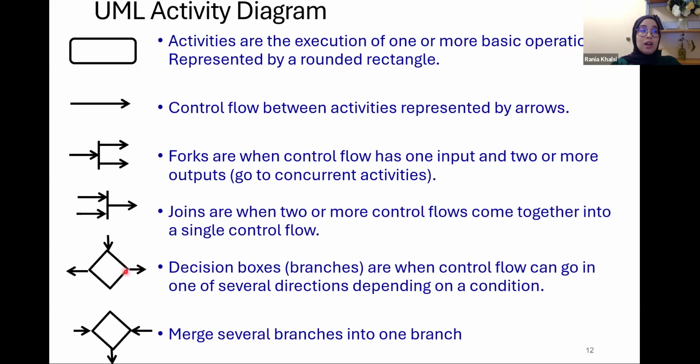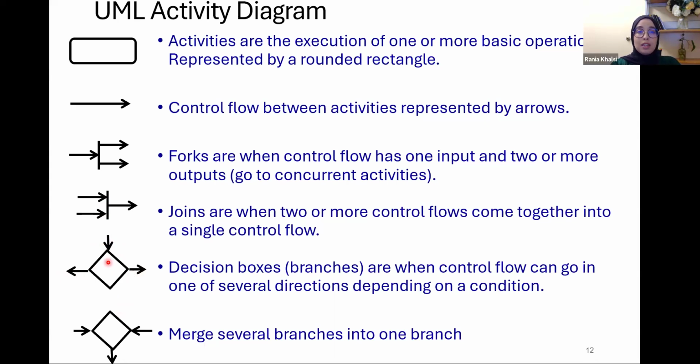You can also see this kind of diamond shape here. So if you have one input and multiple outputs, you will decide, I would say, to go with this branch or that branch. So this is called a decision node, okay?